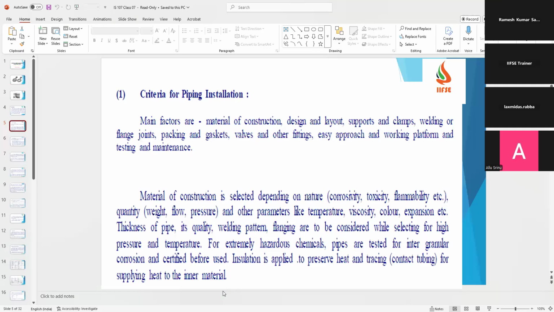So the thickness of the pipeline and its quality, welding patterns and welding quality, and flanges and fittings have to be carefully considered.